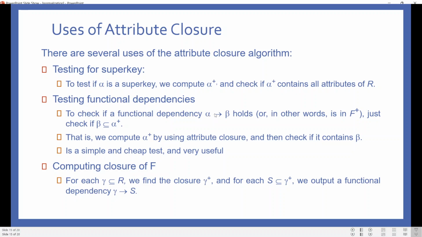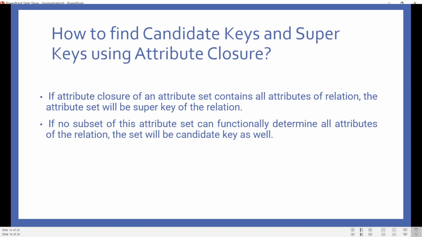So first you find the closure of alpha, and if beta is a subset of alpha closure, then you can say that alpha to beta holds. That is, you compute the closure of that particular attribute and check whether the right hand side attribute is present there. So that is a very easy method to check whether a functional dependency holds or not.